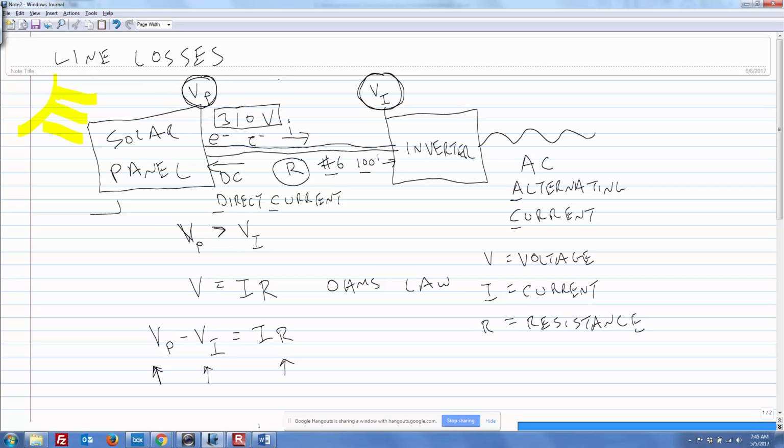So between this and this is delta V. And delta just means the change. This is the Greek letter delta. Equals the change, or the drop.